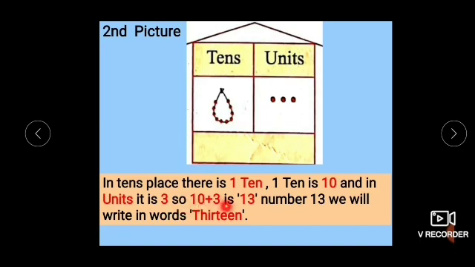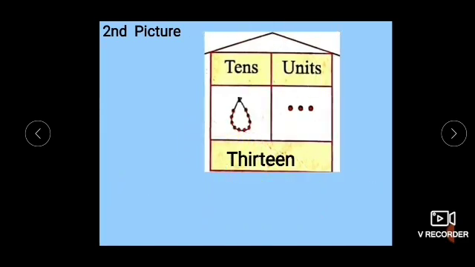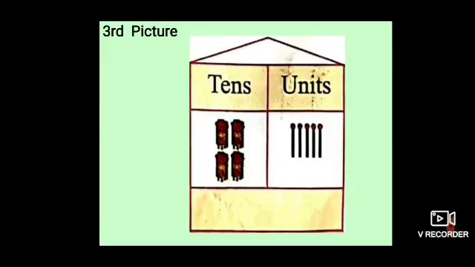So 10 plus 3 is 10, 11, 12, 13. Number 13 we will write in words. THIRTEEN, 13.